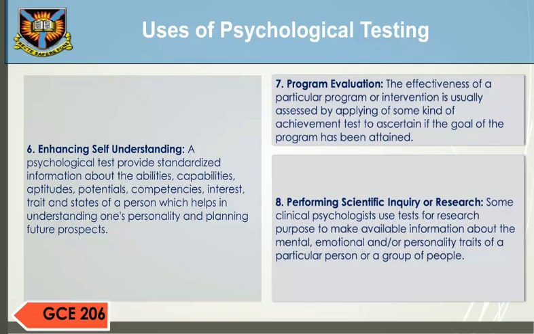The effectiveness of a particular program or intervention is usually assessed by applying some kind of achievement test to ascertain if the goal of a program has been attained. 8. Performing scientific inquiry or research. Some clinical psychologists use tests for research purposes to make available information about the mental, emotional, and/or personality traits of a particular person or a group of people.